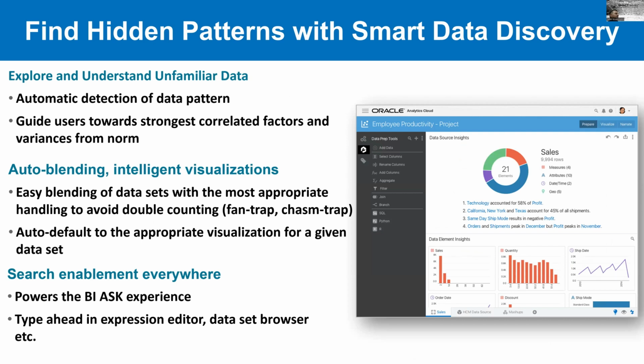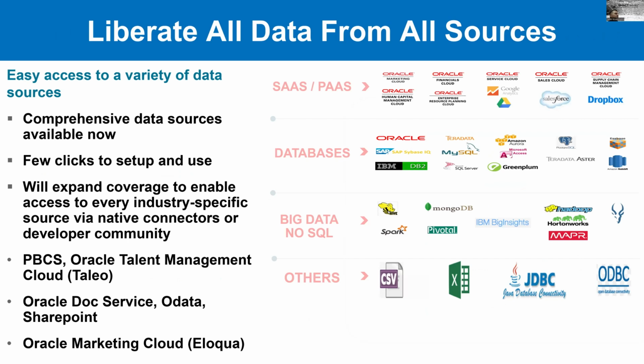Again, there's a lot of ability here to use Smart Data Discovery to discover different information within your data sets, things that you might not even have thought of, automated using the tool's functionality. This is the chart that outlines the different data sources that are available.